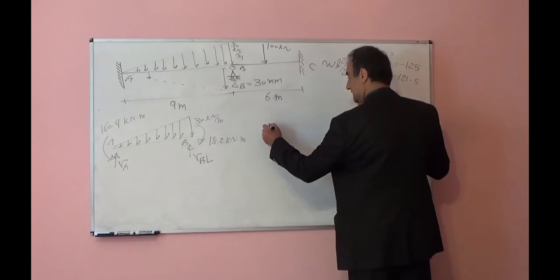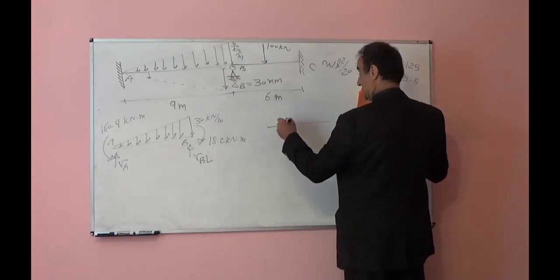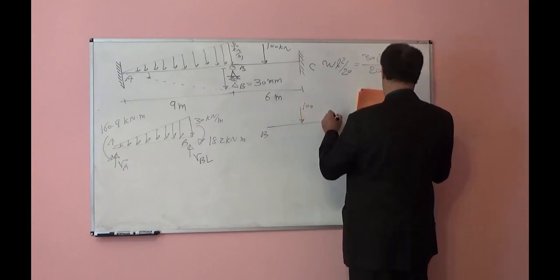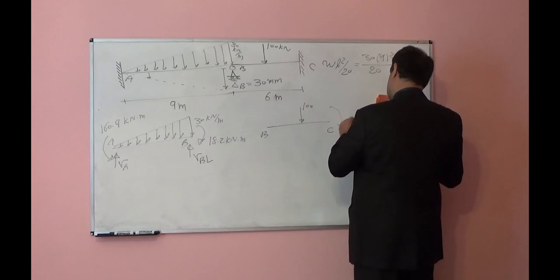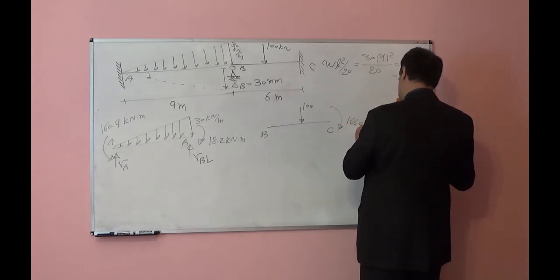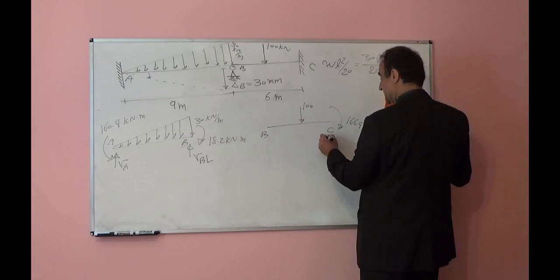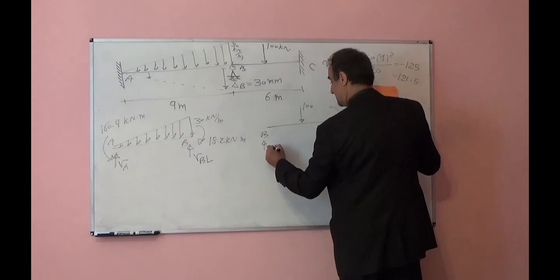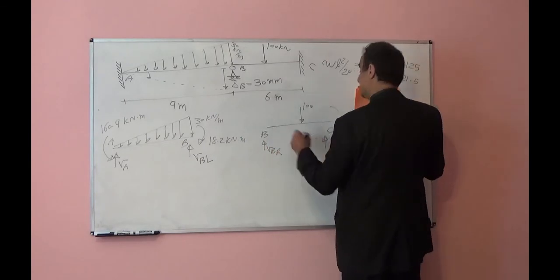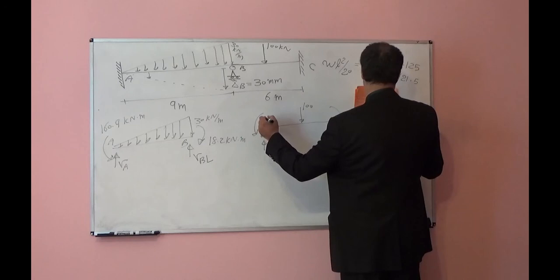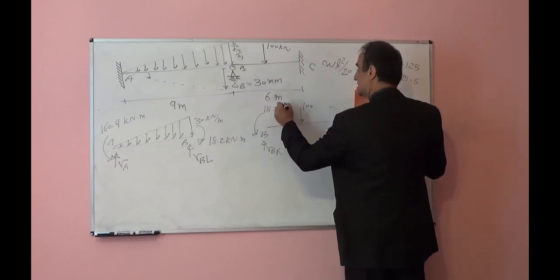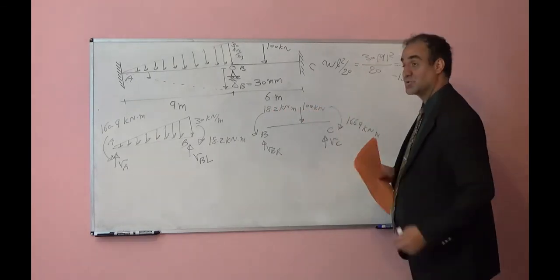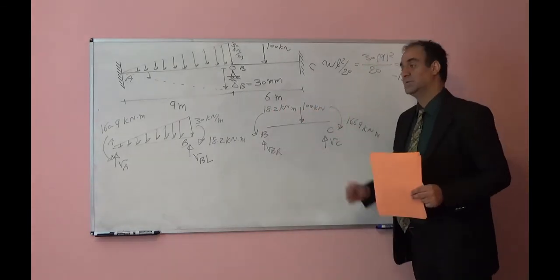In a similar way, you can show the free body diagram for BC. This will be 100, this will be 166.9 kilonewton meter. Here you will have VC, here you will have VB right, and here you will have a moment of 18.2 kilonewton meter. Summation of moments with respect to C, you will find VB right.